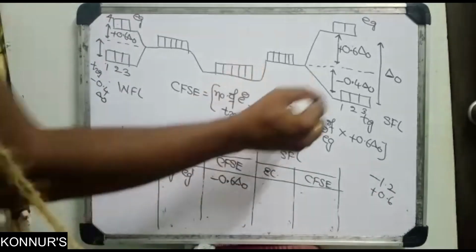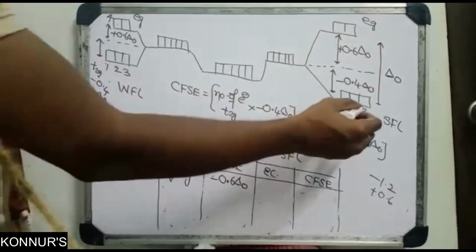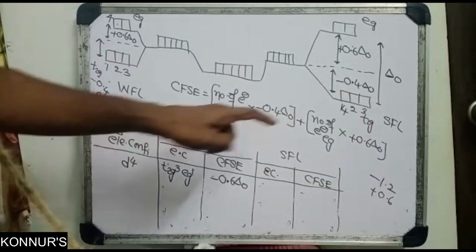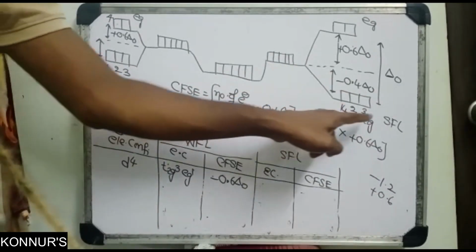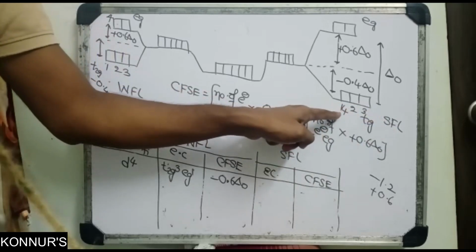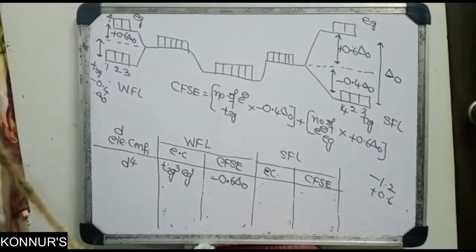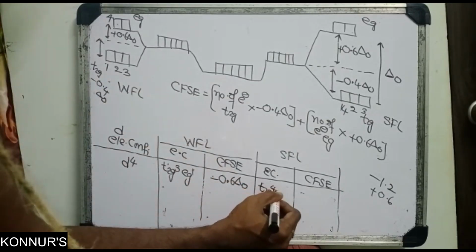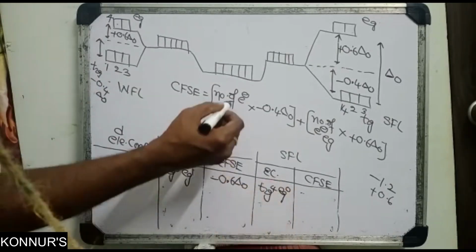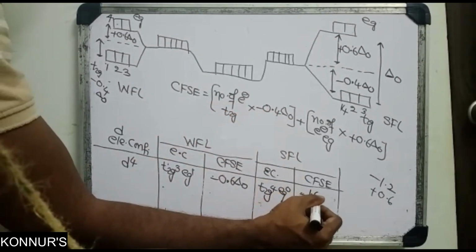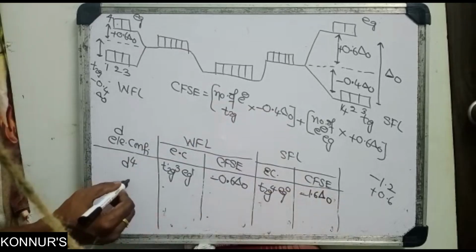In the strong field the gap is very large, so the fourth electron is not going above; it is paired in the lower level. So in the presence of a strong field ligand the electrons are paired. That is the success of CFT. Then we get T2g4 Eg0, so 4 into minus 0.4 is minus 1.6 delta 0.